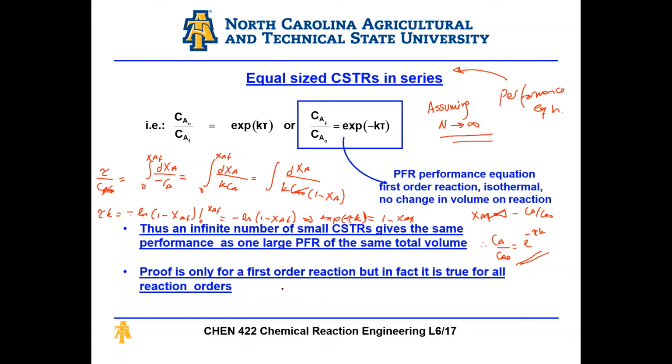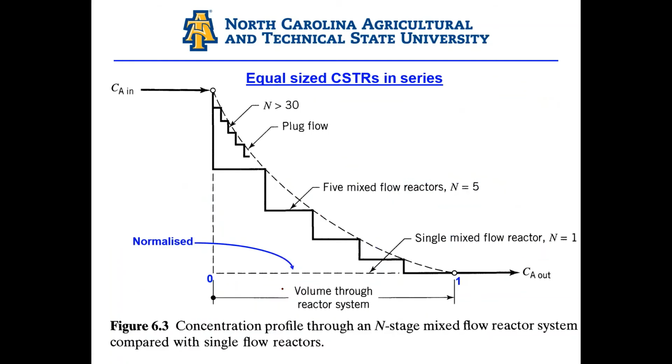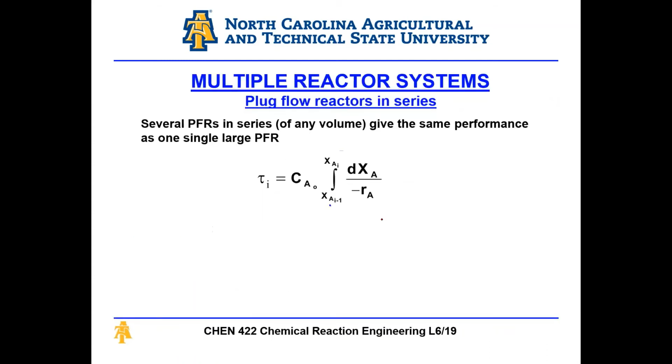You might get this on a test actually, so just be ready and understand the process, okay? This is what this presents graphically: as n becomes higher, the performance of these two reactors becomes very similar. Okay, let's move on now.